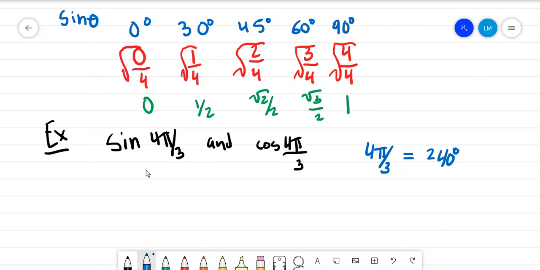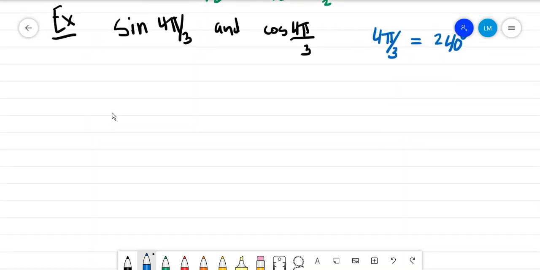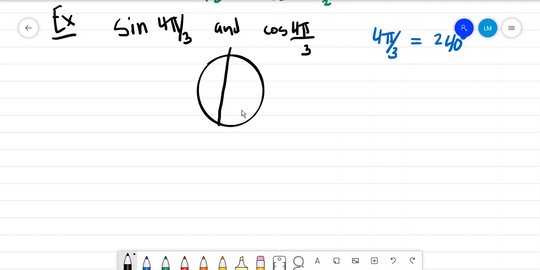So whether you want to convert it or not, you can do whichever. But the main thing though is that you are able to, let's say for example, plot it in the unit circle. So for example, if you were to draw your radian measure, 240 would be somewhere over here.